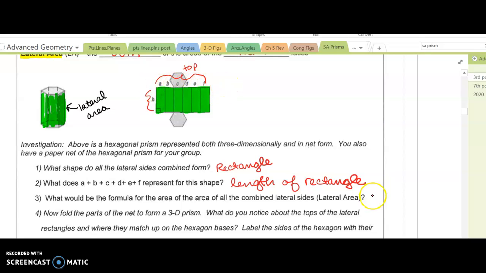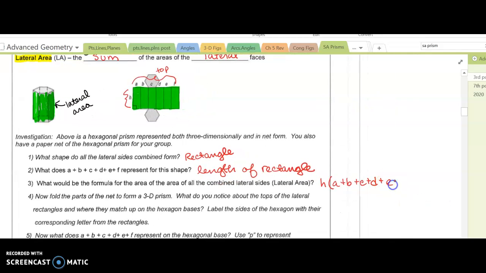The top there, this would be h times a plus b plus c plus d plus e plus f. Okay, and then I want to fold this net physically so that you can make the connection on this next piece, so I'm going to let you go to the next video.